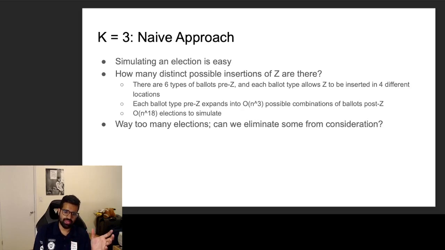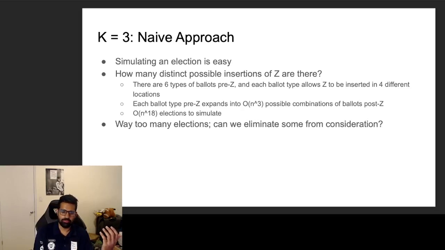There are 6 types of ballots instead of just 2. 3 factorial is 6. And there are 4 positions where we can insert Z onto each ballot, for 3 degrees of freedom. So if we just naively inserted Z everywhere we could, that's n to the 18 possible elections we need to simulate, which, while polynomial, is going to be too slow for the time limits we have at NAC.